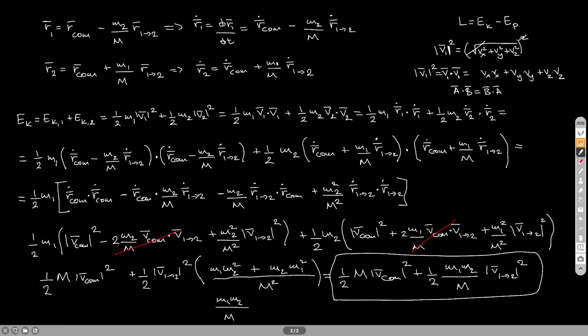Now, we call this quantity here, m1 m2 over big M, the reduced mass. So the kinetic energy of the system becomes 1/2 big M, the speed of the center of mass squared, plus 1/2 the reduced mass.